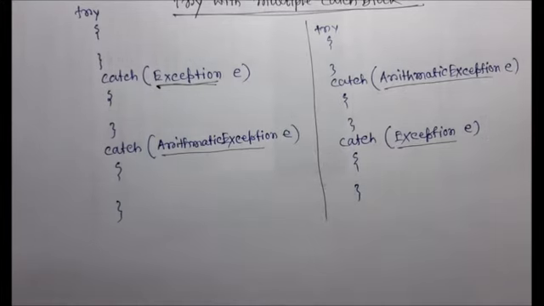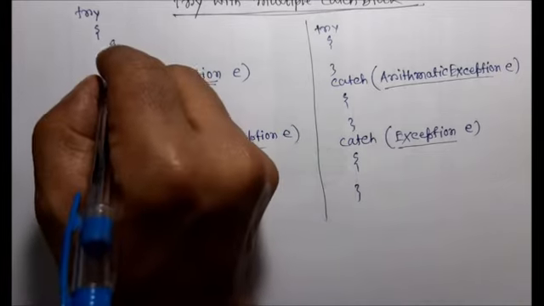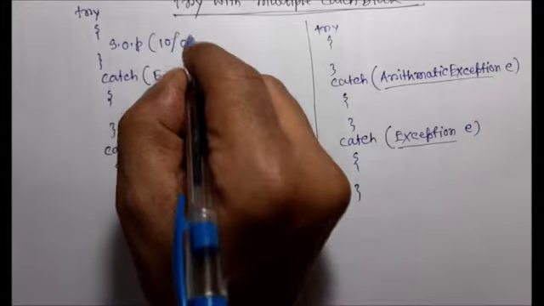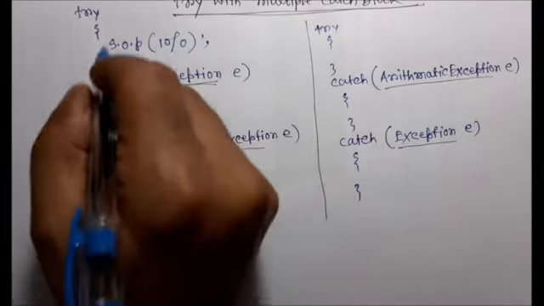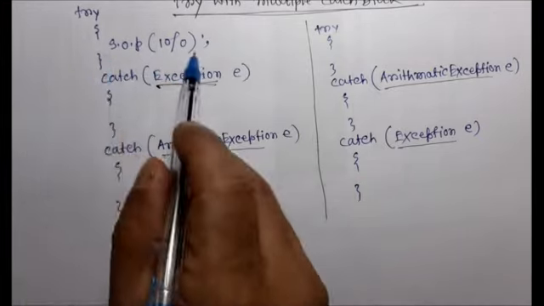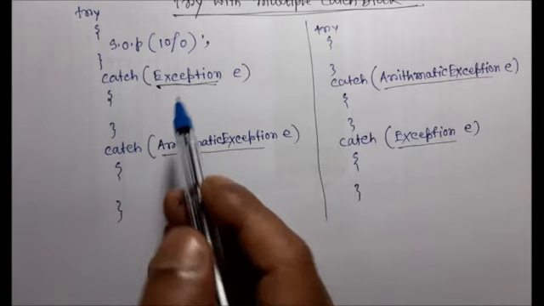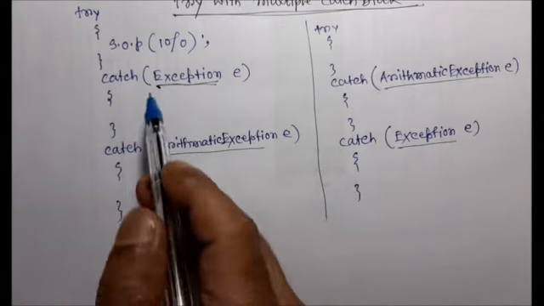Now tell me which one is correct, which one is valid and which one is invalid. If it is valid, why is it valid, and why is it invalid? Let me explain. For example, here I want to print System.out.println of 10 by 0. Some exception may arise. It is an ArithmeticException. If it is an ArithmeticException, the super class is always going to handle this code.